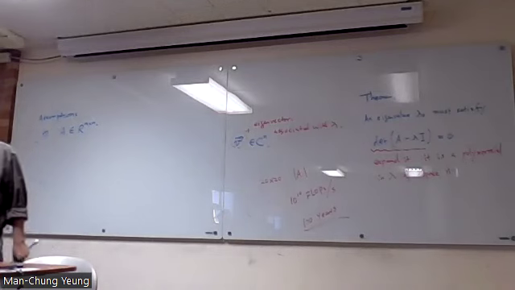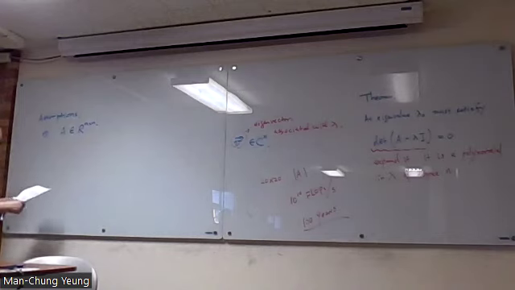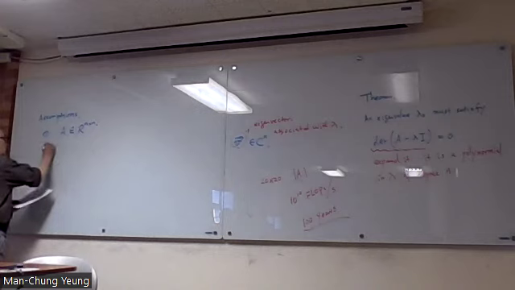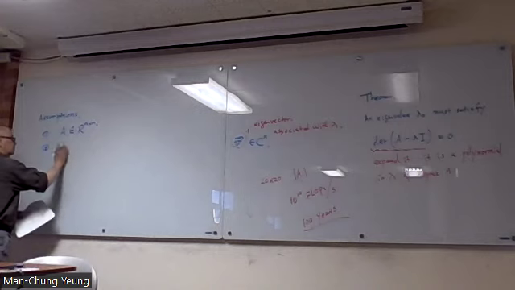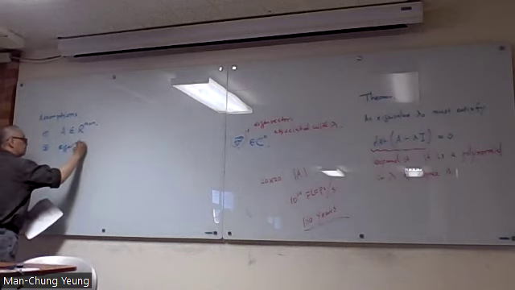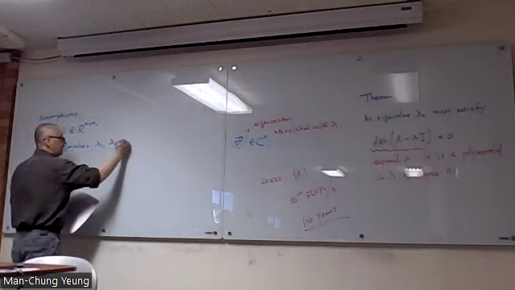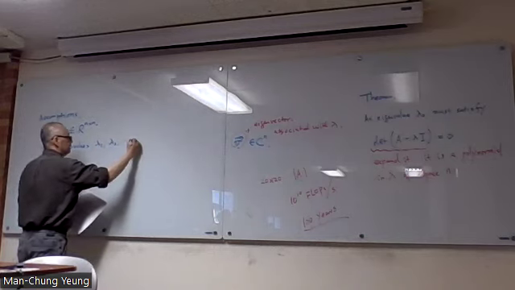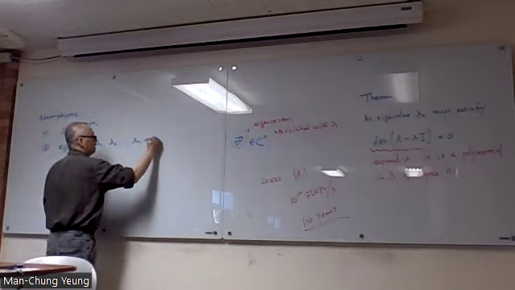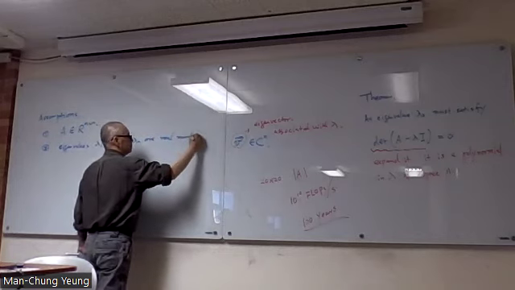Even though the matrix is real, its eigenvalues can be complex numbers. Number two, all eigenvalues, there are n eigenvalues, are real numbers.